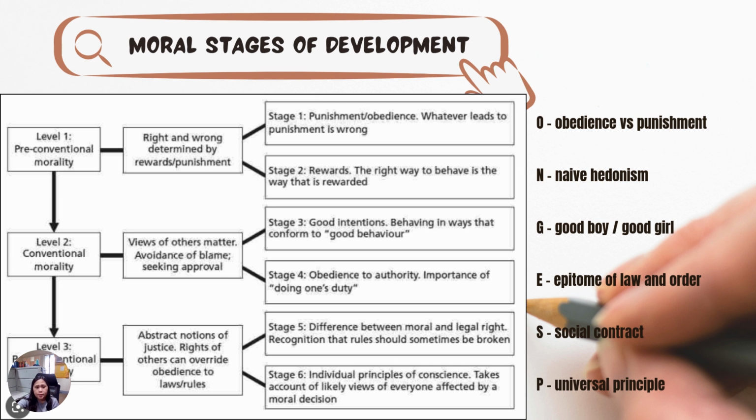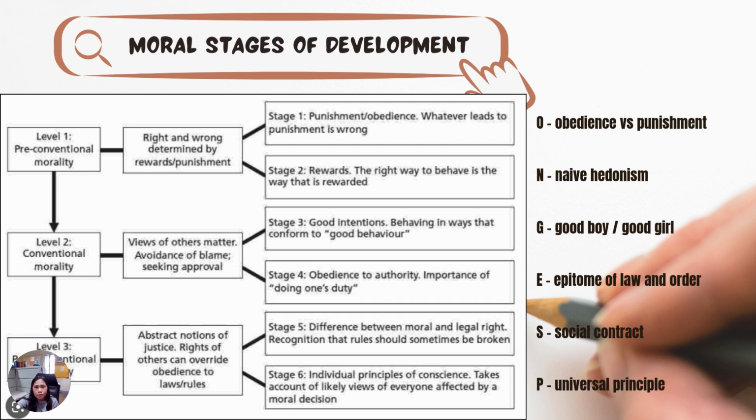So Kohlberg grouped these six stages into three levels of moral development. For you to easily remember these three levels, each level of moral development consists of two substages, which makes six substages all in all.